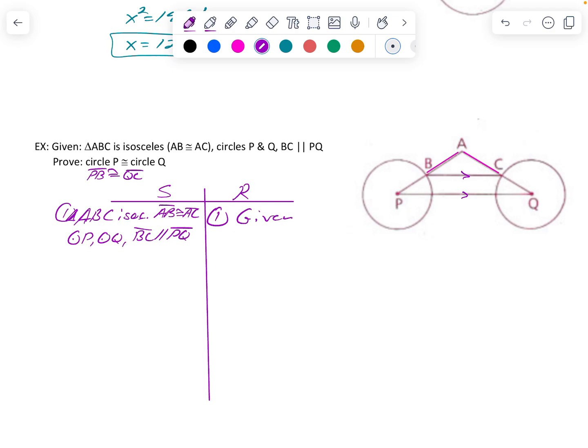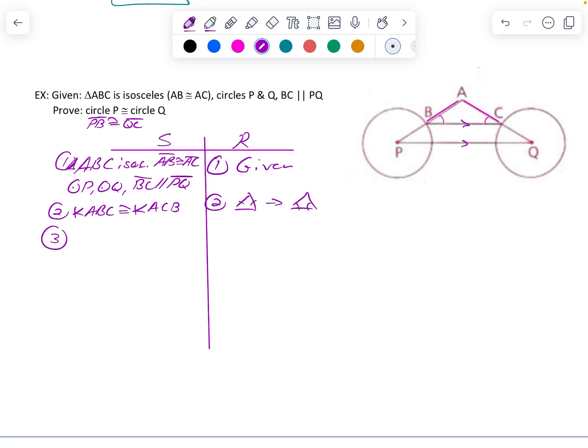All right, so on here, let's see. We're going to use those parallel lines. We're going to use triangles. The fact that those sides are congruent means these angles are congruent. So I'm going to say next, angle ABC congruent to angle ACB, and that's because if we have congruent sides, then we have congruent base angles.